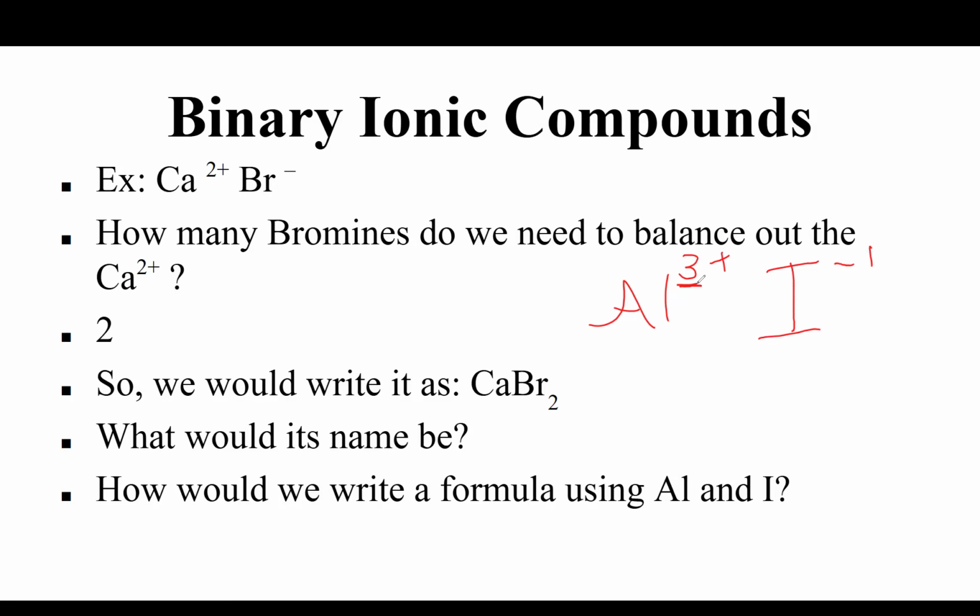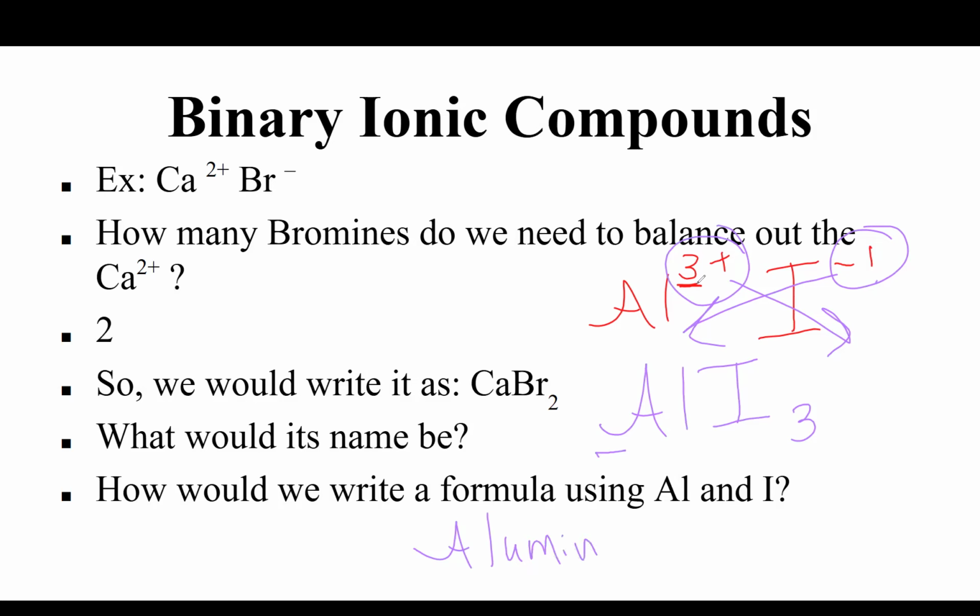Now, if we do the cross and drop like we did before, we have aluminum, and there's just 1 of those, and we have 3 iodides. So if we were to name this, it would be aluminum iodide. You always change the ending to ide.